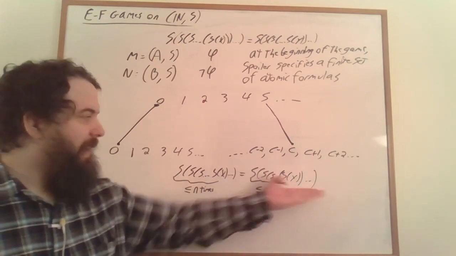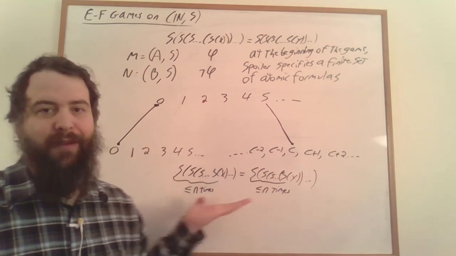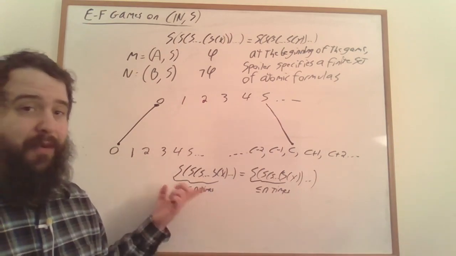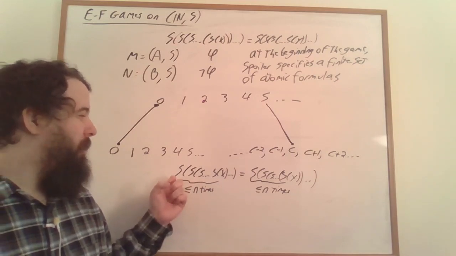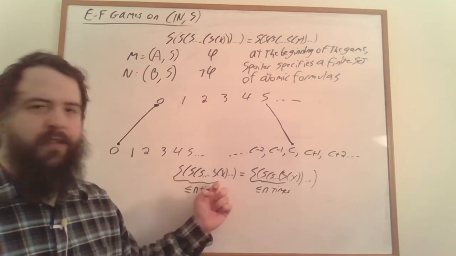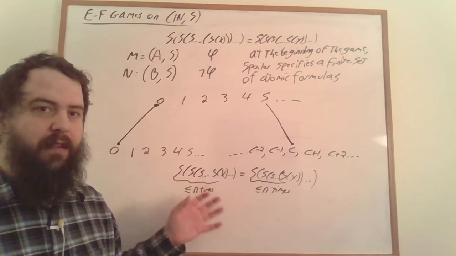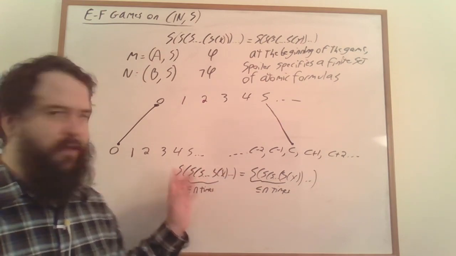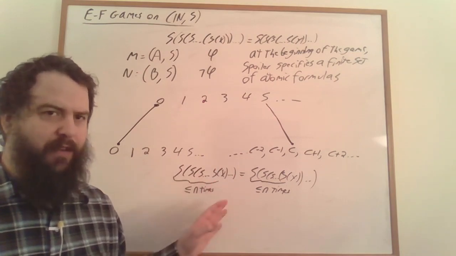Right? A finite number of atomic formulas are of this form. But if there's some sort of atomic formula with more than n successors nested like this, Duplicator doesn't lose if there's some sort of atomic formula like that distinguishing the two structures.